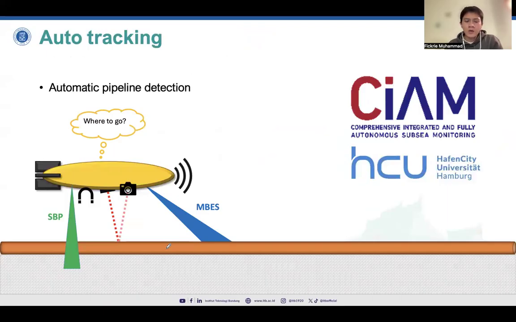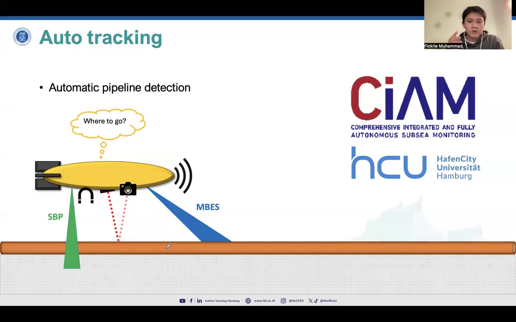For example, one project that deals with the AUV for automatic pipeline detection is the comprehensive integrated and fully autonomous subsea monitoring, called CIM. This is a project currently run by the HafenCity University of Hamburg, and I and colleagues from the HCU are involved in doing the automatic pipeline detection using the AUV, which has to follow the pipe autonomously.